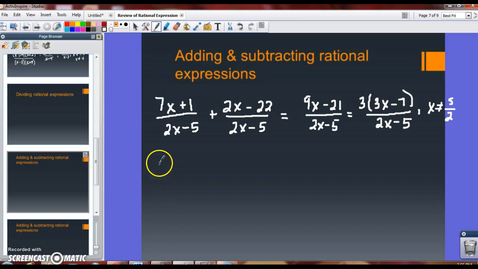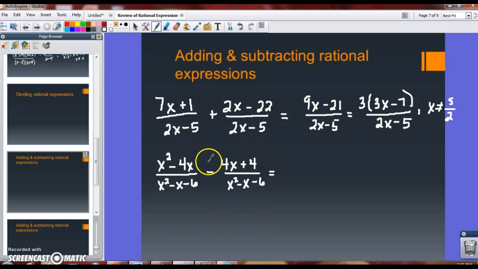Only thing you need to be careful of is when you are doing a subtraction problem. For x squared minus x minus 6. A lot of times people make careless mistakes with these types of problems because they forget to distribute that negative.